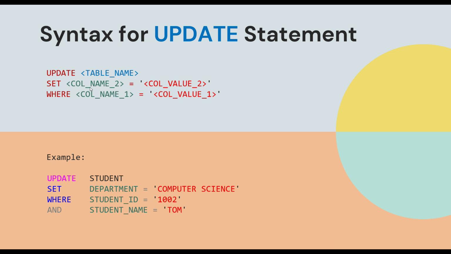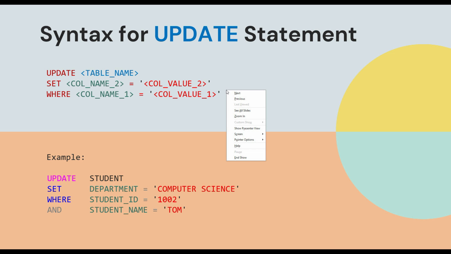So column name 2 specifies which column you want to update. Column value 2 specifies the new value which you want to update on this column, and column name 1 specifies the unique column to identify a unique value. That means the where condition is referring to a primary key, a unique column, so that you can uniquely identify a record to update this value.